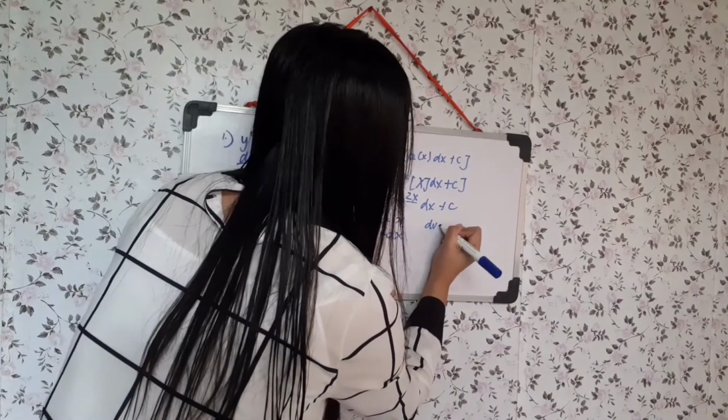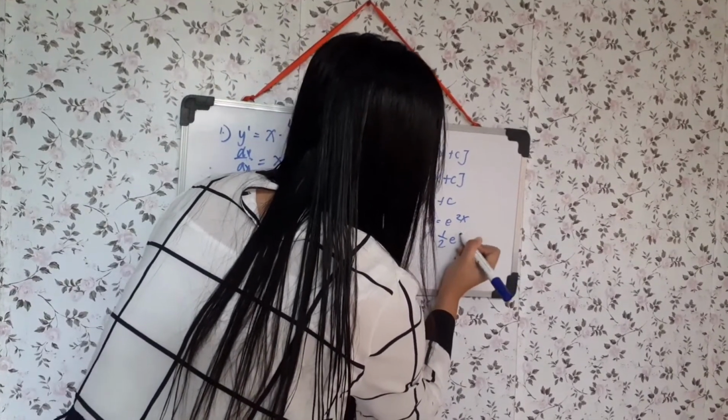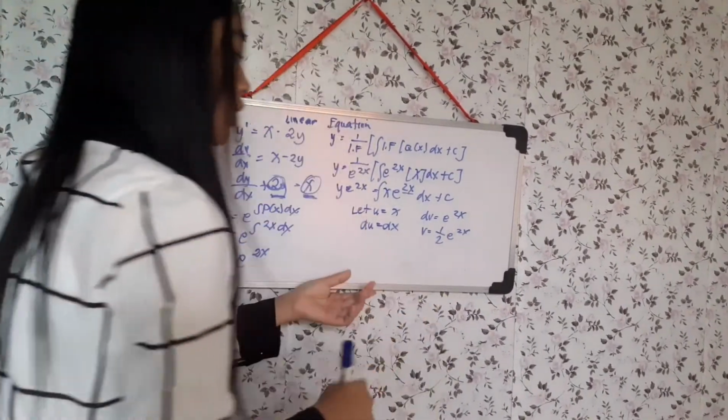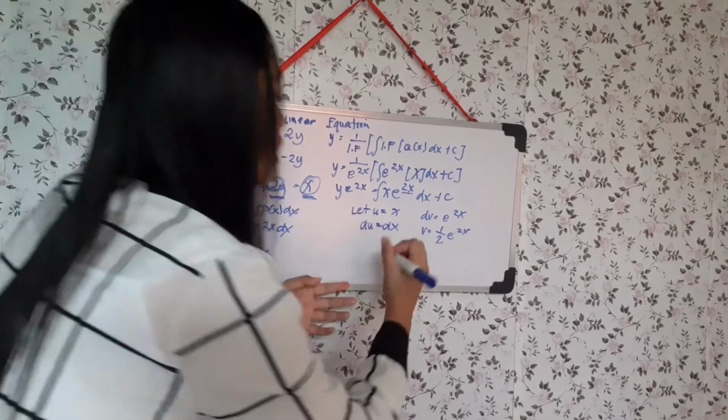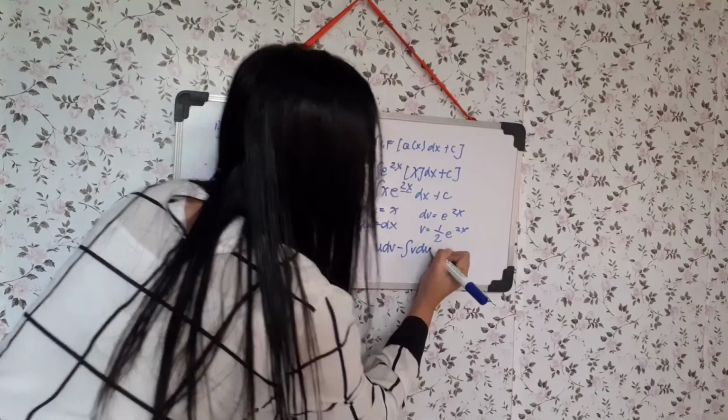Then dv equals e raised to 2x, and v equals 1/2 e raised to 2x. By these values, we substitute into u v minus the integral of v du.